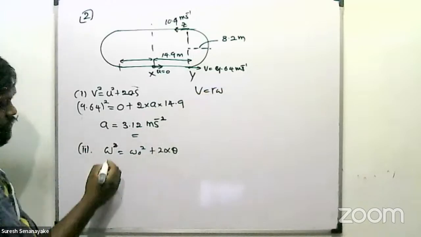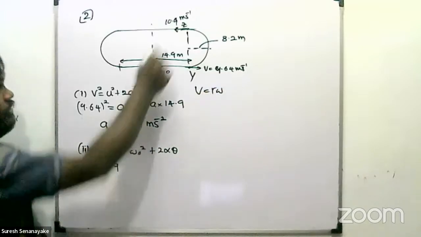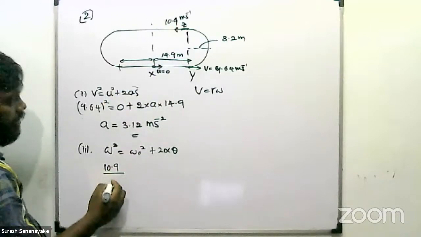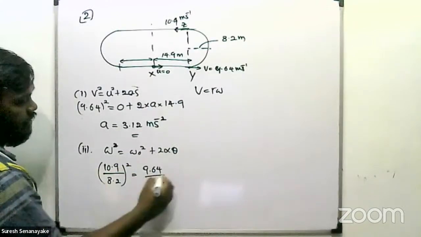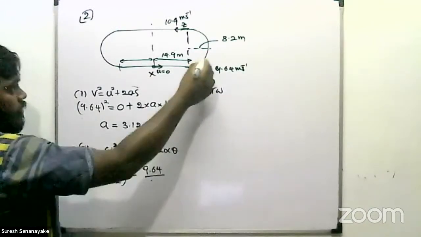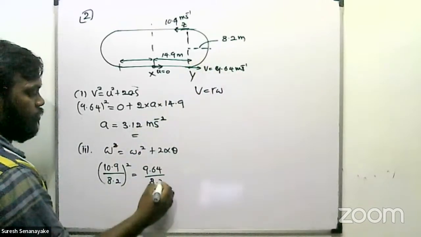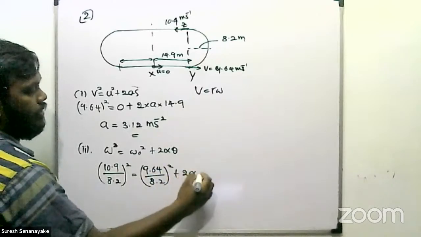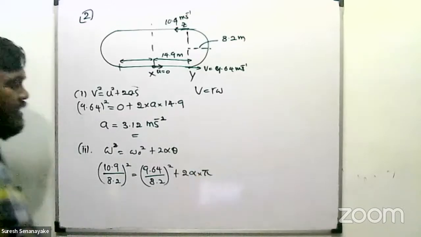So this omega you can write as 10.9, the velocity at this point, divided by the radius 8.2, squared. And here it is 9.64, the velocity at this place, divided by the radius 8.2, squared, plus 2 alpha theta. The theta is the 180 degree turn, that's pi.